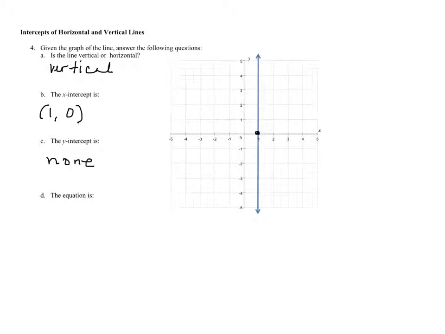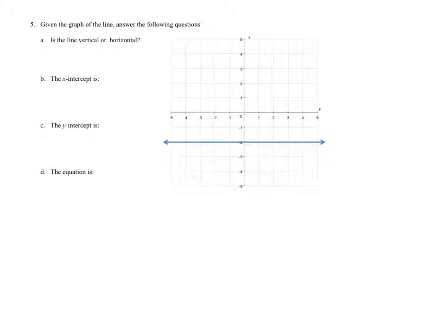Well, if we think about it, this is the point 1, comma 0. Then there's another point on the line, 1, comma 1, 1, comma 2, etc. X is always equal to 1. That's the equation. Done.